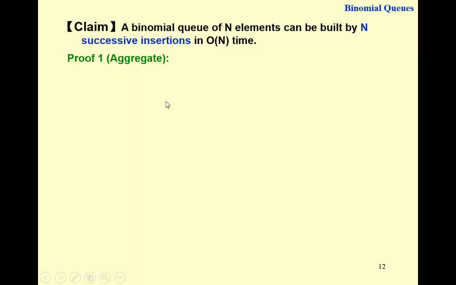Now let's count the number of steps. When we insert the first node, we obtain b sub 0, one tree, and it takes only one step to create a new node, right? When the next one comes in, we're supposed to create a new node and make one link, and therefore remove b sub 0 and obtain b sub 1.